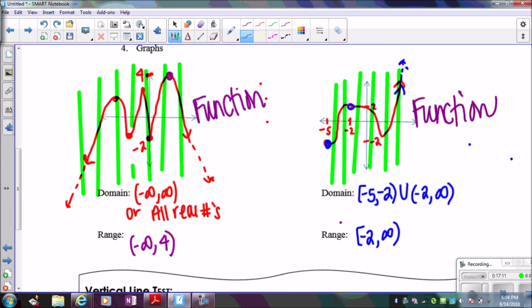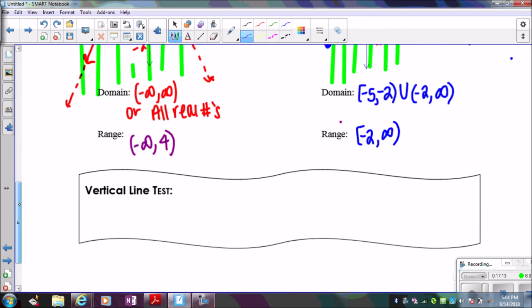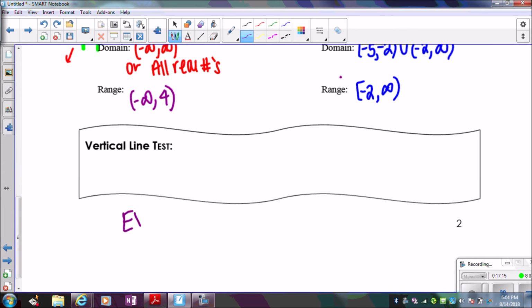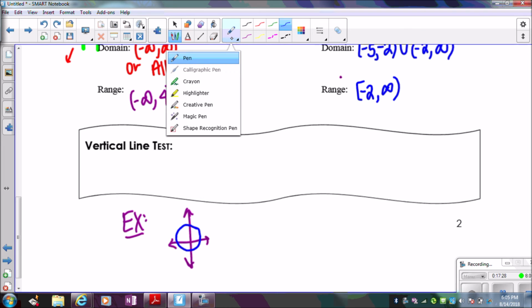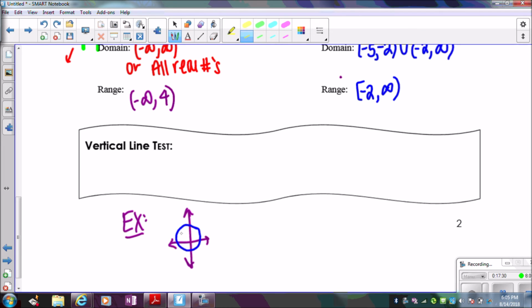What would not be a function would be, so let's just write a couple examples down here. So an example that's not a function would be if I graphed a circle. Because see how if I draw a vertical line through this, there's multiple times that it hits in two spots.